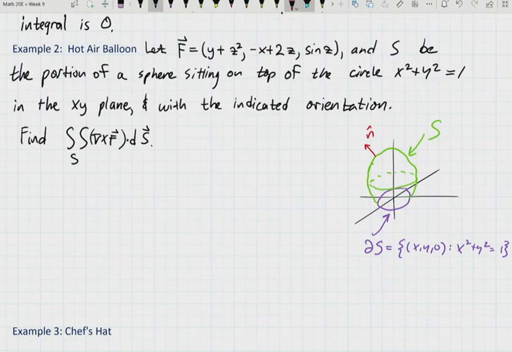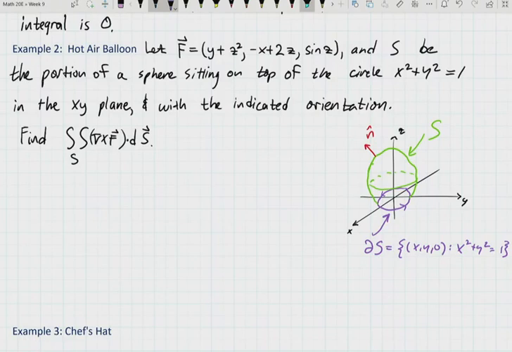What orientation does that induce on the boundary of S? Let's say the axes are labeled in the usual way, with this as x and this as y. So it induces the usual counterclockwise orientation of x and y, the usual direction like this, according to the right-hand rule.